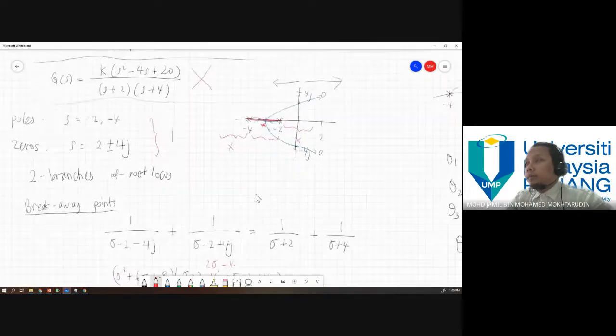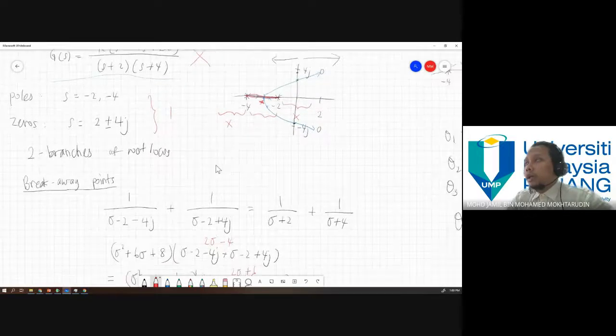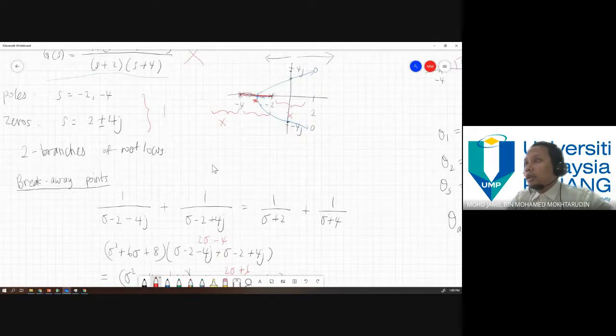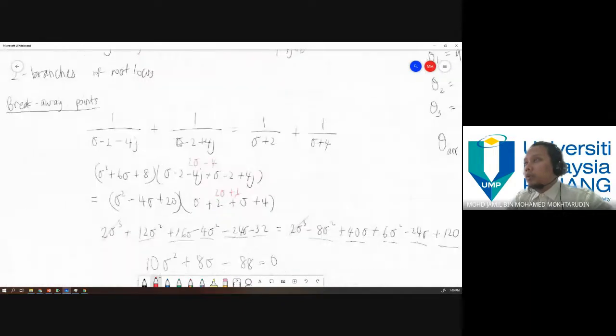Sometimes if GS is given, students couldn't find the rest of the things like breakaway points. When maybe they manage to get this equation correct, but they don't know how to simplify. Okay. So you can simplify this, I think, using calculator.